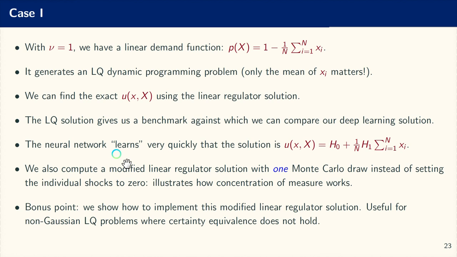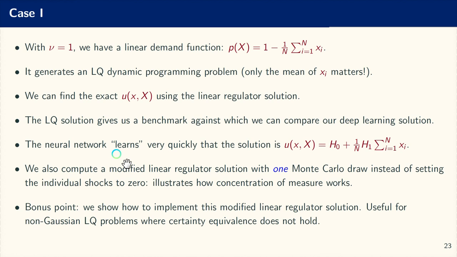The idea here is, of course, if I'm dealing with a basic Lucas-Prescott model, I will never use deep learning. I already have the LQ solution. But what I want to do is precisely to take advantage of that to have an exact solution in one particular case. Okay? So I take the LQ solution, on my left hand, that's the exact solution. And now I have on my right hand my neural network.